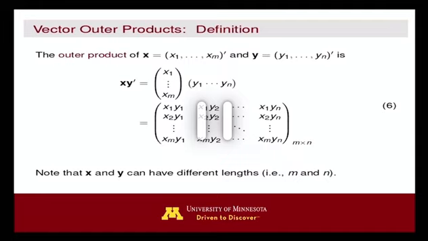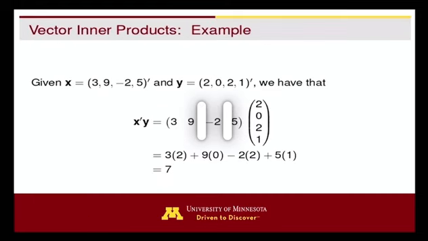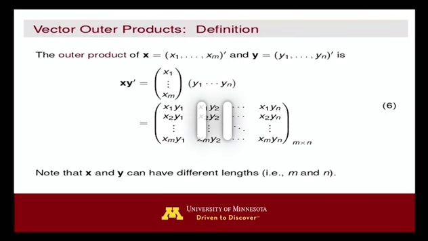X prime y led to a constant answer, a scalar answer, but x y prime is actually going to lead to a matrix. Now this is going to be a different ball game.